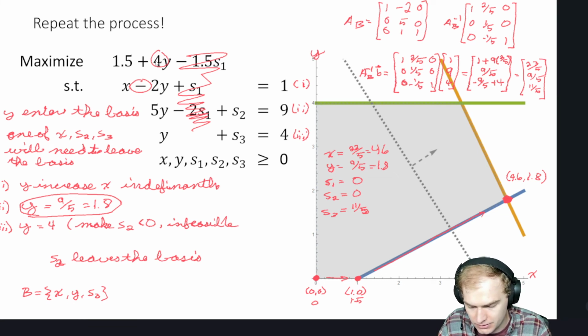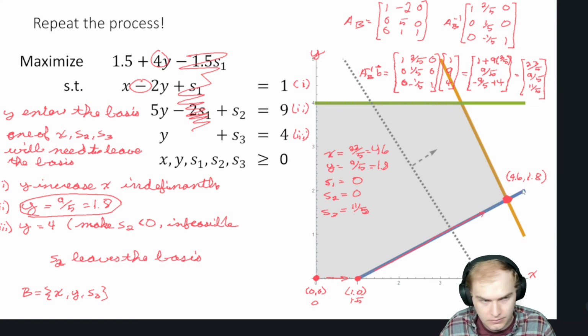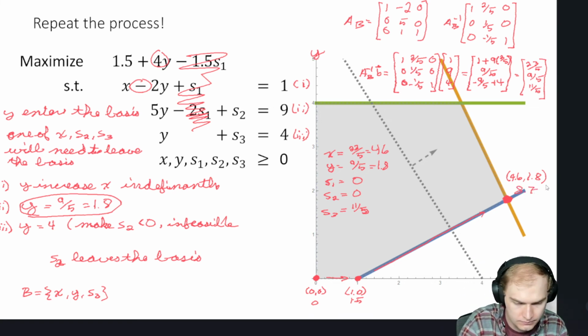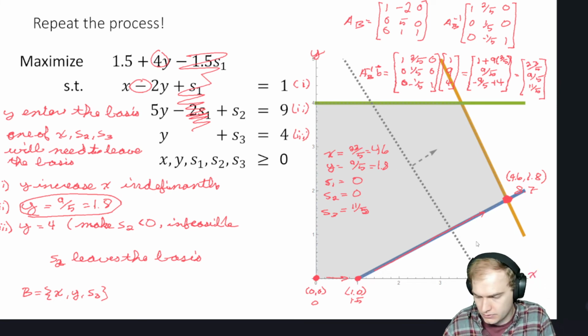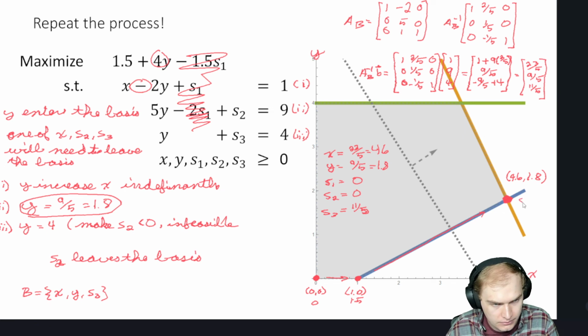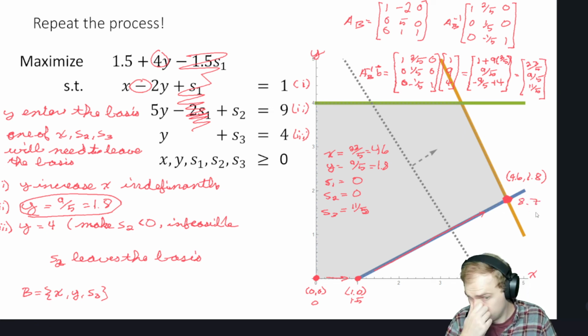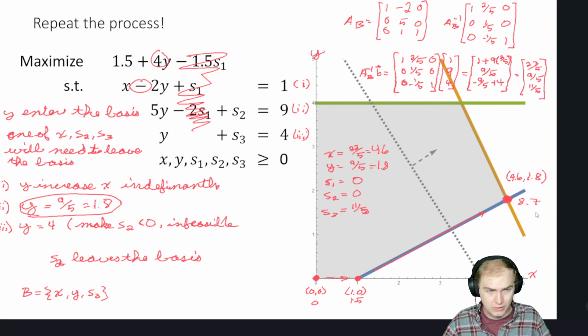So 4 times 1.8 plus 1.5 is 8.7 is our new objective function value. So we've improved it quite a bit.